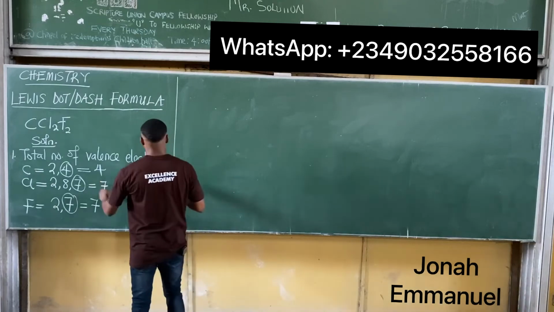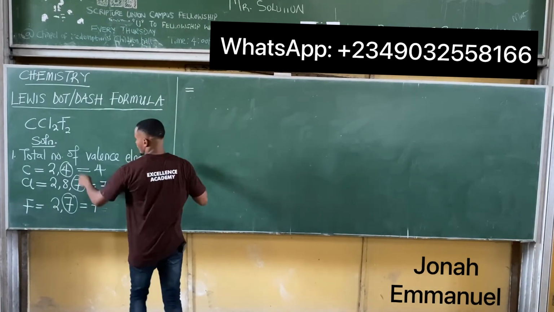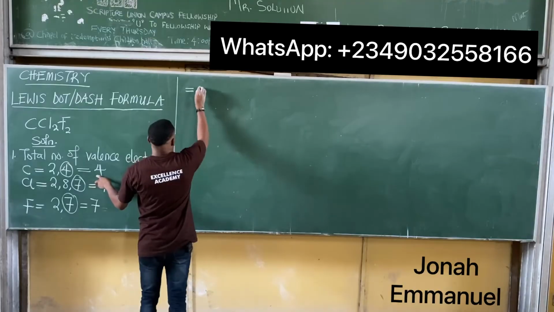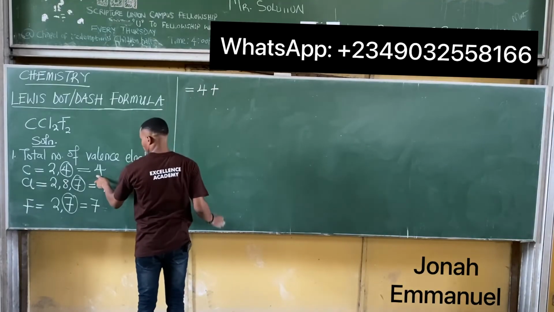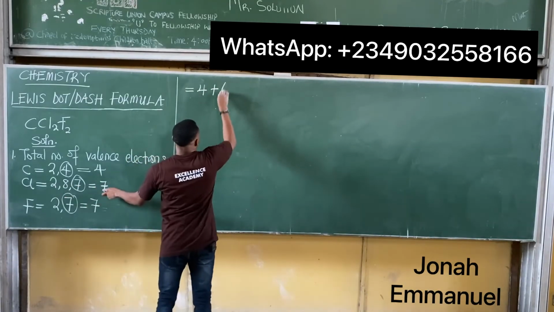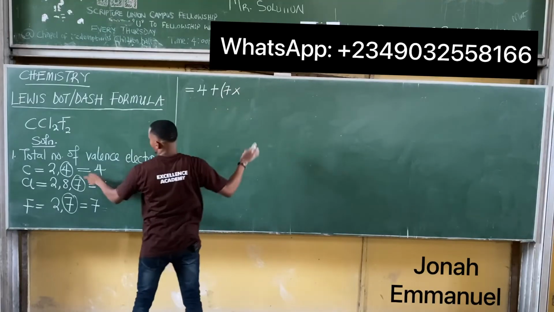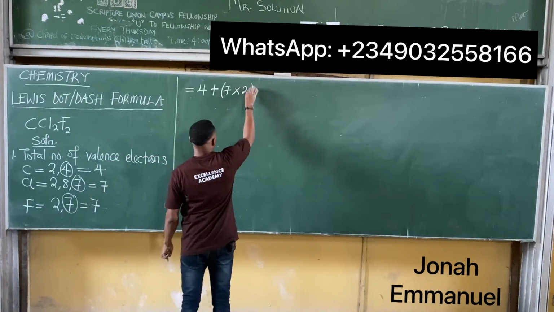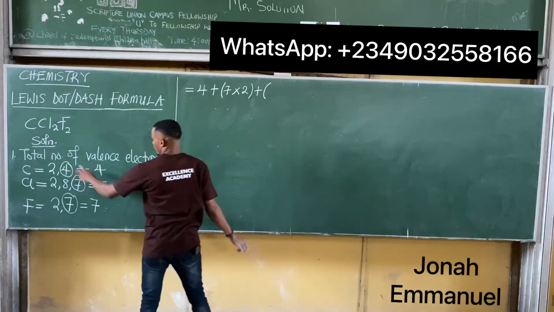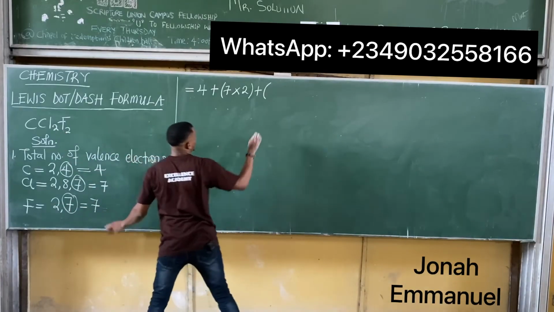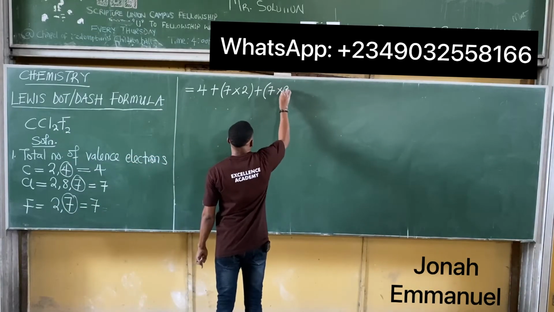Alright, so next up, let's get the number of valence electrons. For carbon, just one atom, so it becomes 4, plus for chlorine, 7 valence electrons times 2 atoms, plus for fluorine, 7 valence electrons times 2.